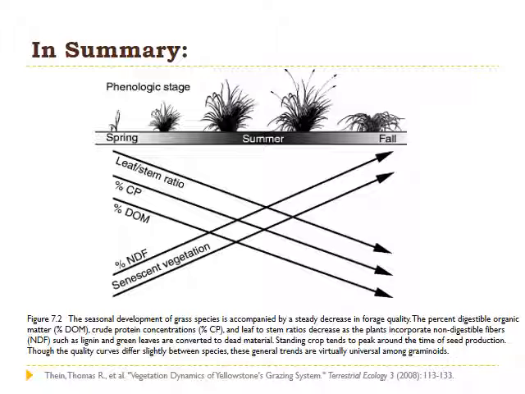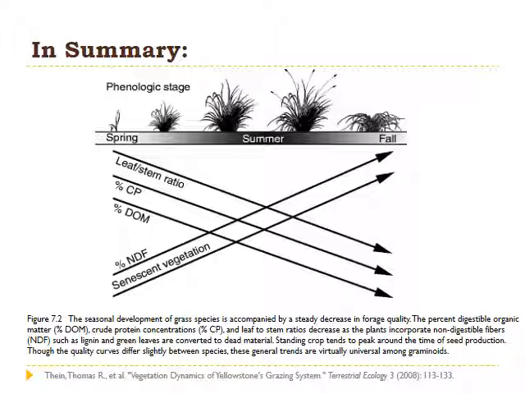The things that increase at that same time, from spring to fall, include neutral detergent fiber. Again, neutral detergent fiber is a measure of the cell wall. So what we're seeing as plants mature is that they get more cell wall, both because their stems have more cell walls and because the cell walls in their leaves tend to thicken.